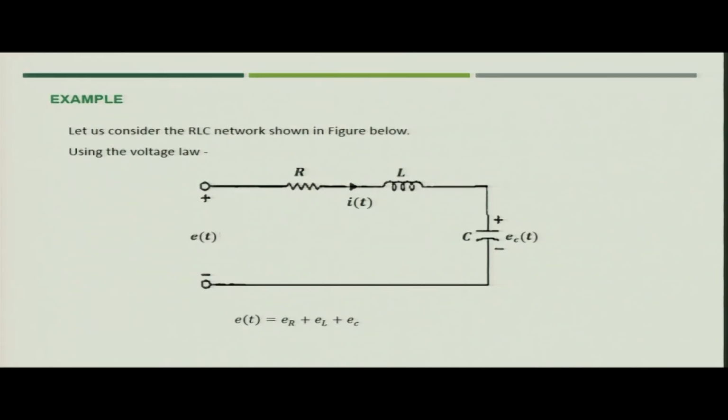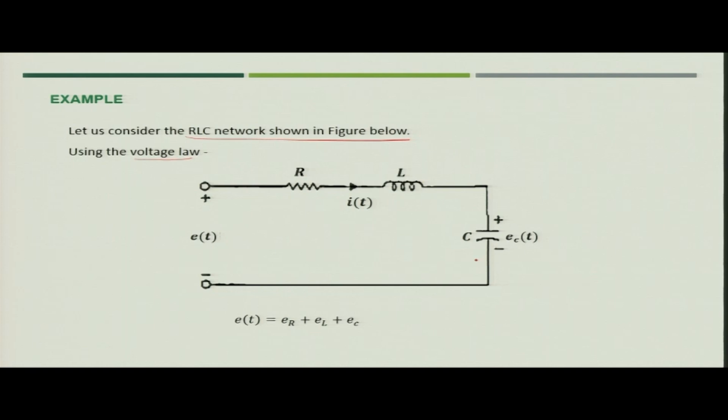Now, let us take one example and see how the knowledge which we have just gathered related to the electrical circuit can be transformed into a model of the electrical circuit. So, let us consider the RLC circuit which is given in the figure. Now, when you use the voltage law, E is the applied voltage, and we have resistance R in series with inductance L and the capacitance.